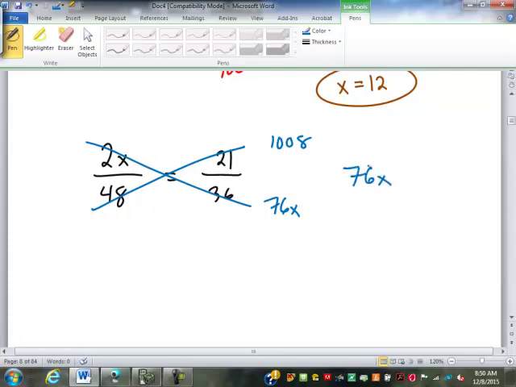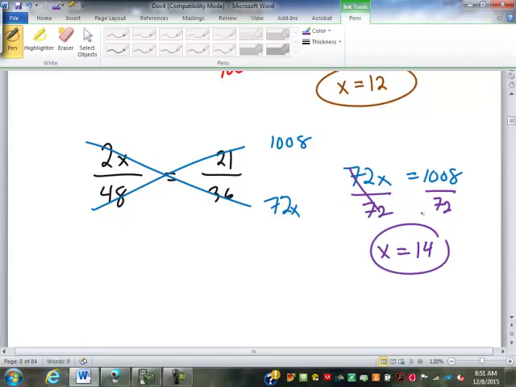Now, it doesn't matter which one I put first. I always put the x first. So 72x equals 1008. You could have 1008 equals 72x. Sorry about that. I've been off all morning, so I'm going to just stop calculating in my head now and let you guys do all the work. So we're going to divide by 72, which gives us that x equals what? 14? Cool.